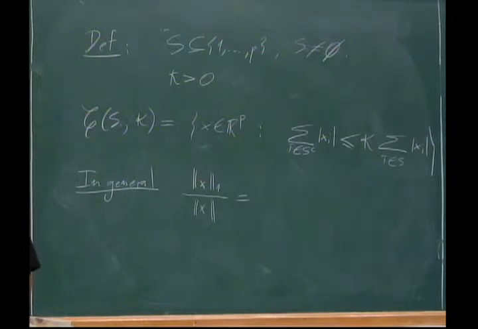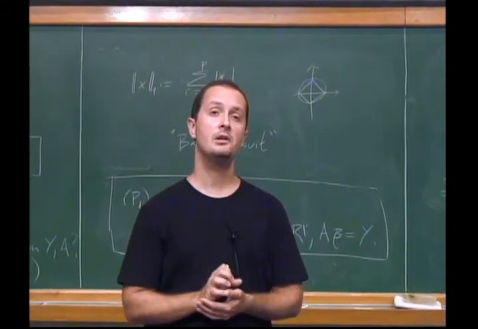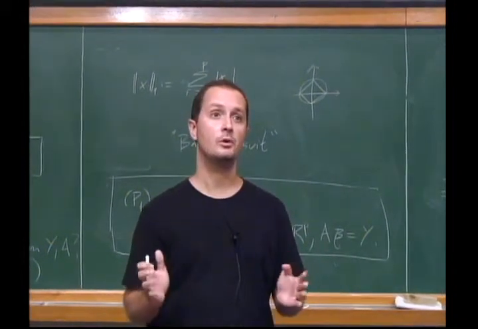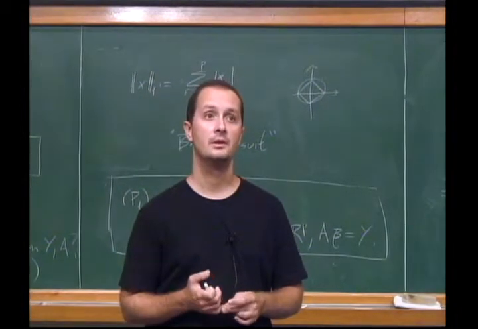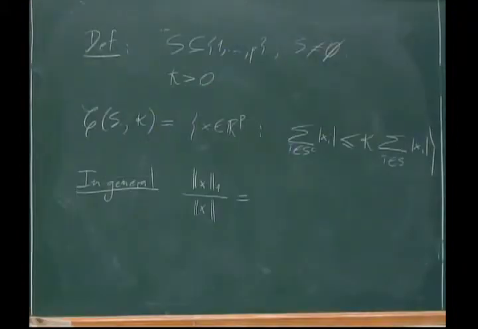If I tell you I have a vector in 10 dimensions with L2 norm, Euclidean norm, equal to 1, what's the largest possible L1 norm for this vector? Upper bound first, and then we can prove the lower bound.